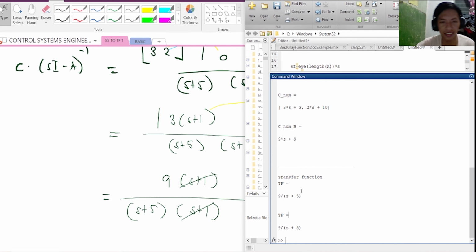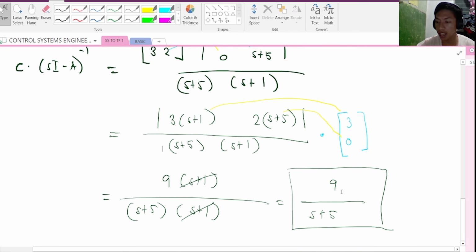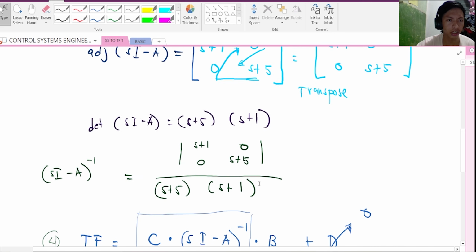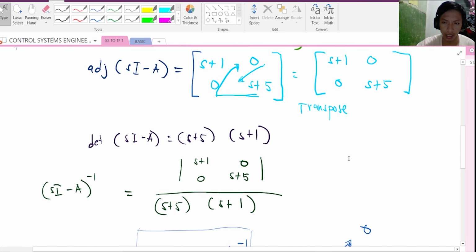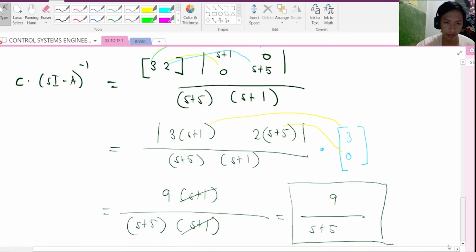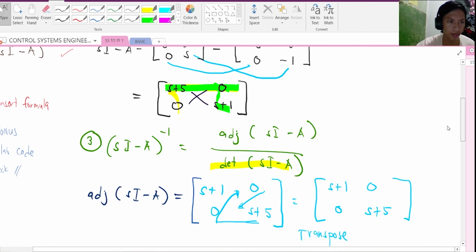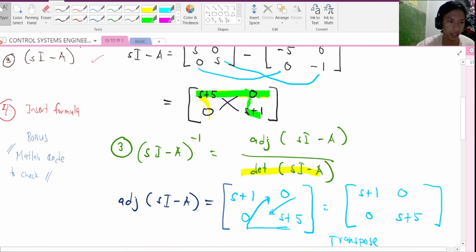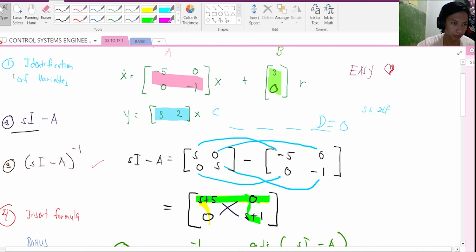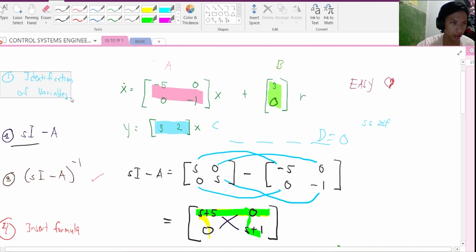Cool, huh? Oh my god! Wow! It's great that we have this MATLAB code to check our process. Just to summarize what we did, feel free to look at it and remember this one.